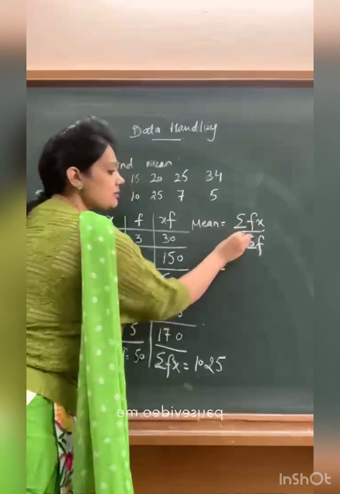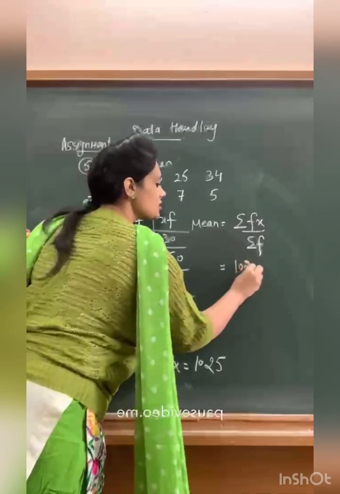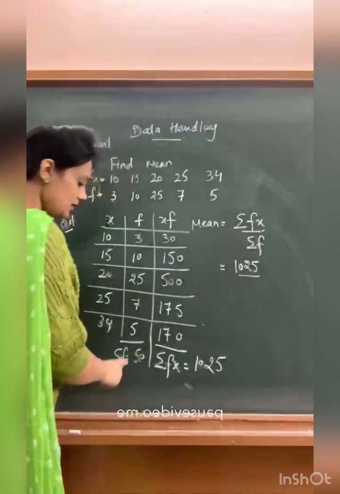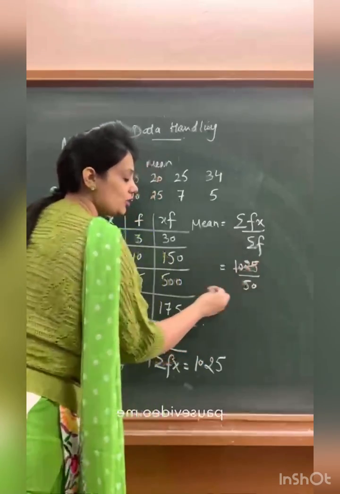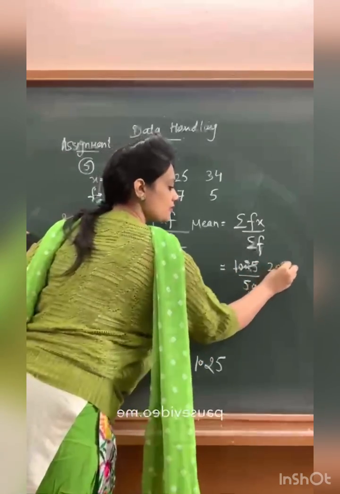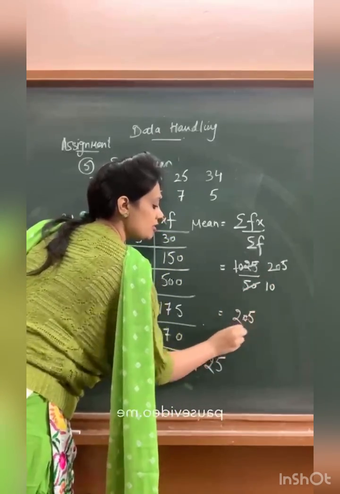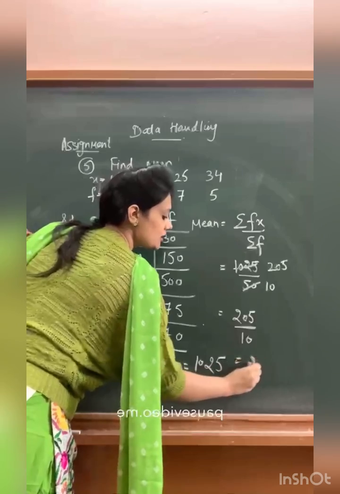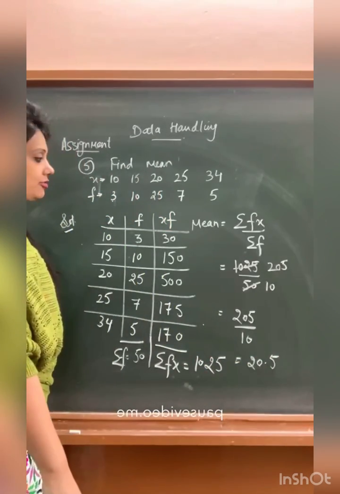So mean is summation of fx over summation f. Summation fx is 1025 over summation f is 50. Now let us do the calculation. So it is 205 by 10, which is 20.5.